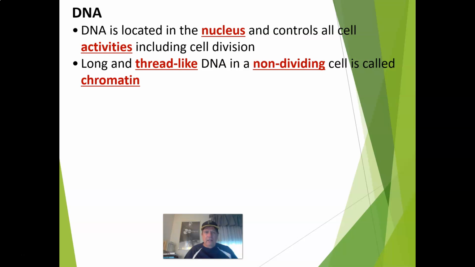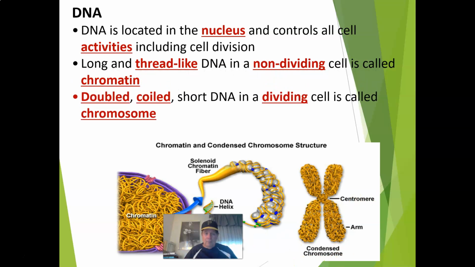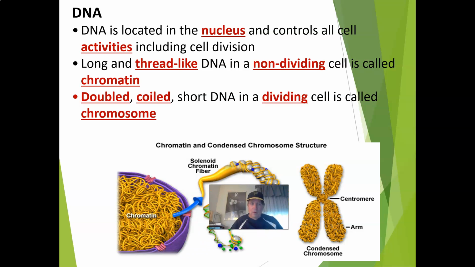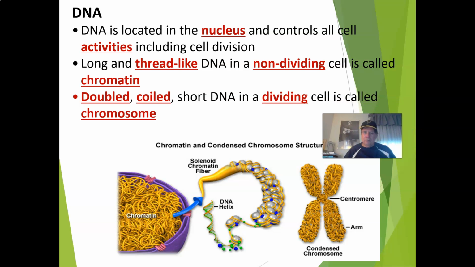Long, thread-like DNA in a non-dividing cell is called chromatin. Remember I told you DNA, it's thin, is called chromatin. Double-coiled short DNA in a dividing cell is called a chromosome.